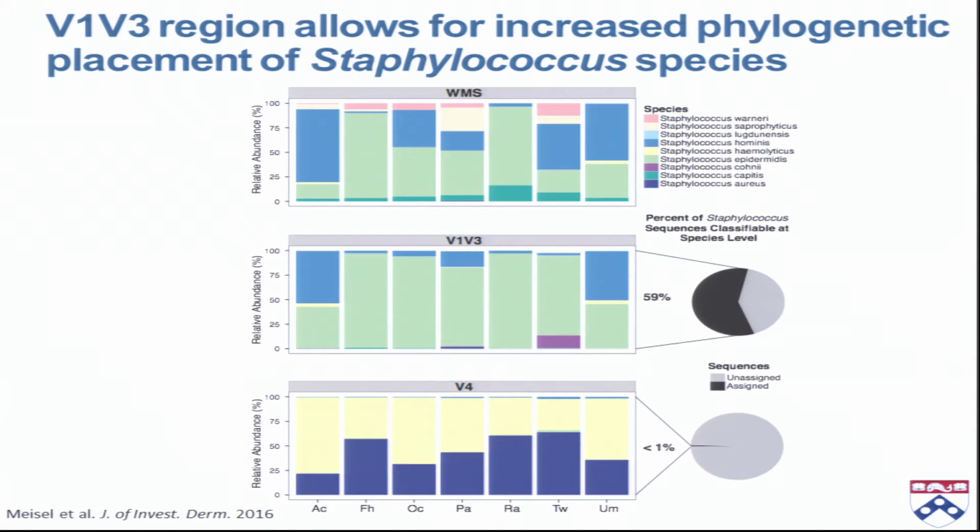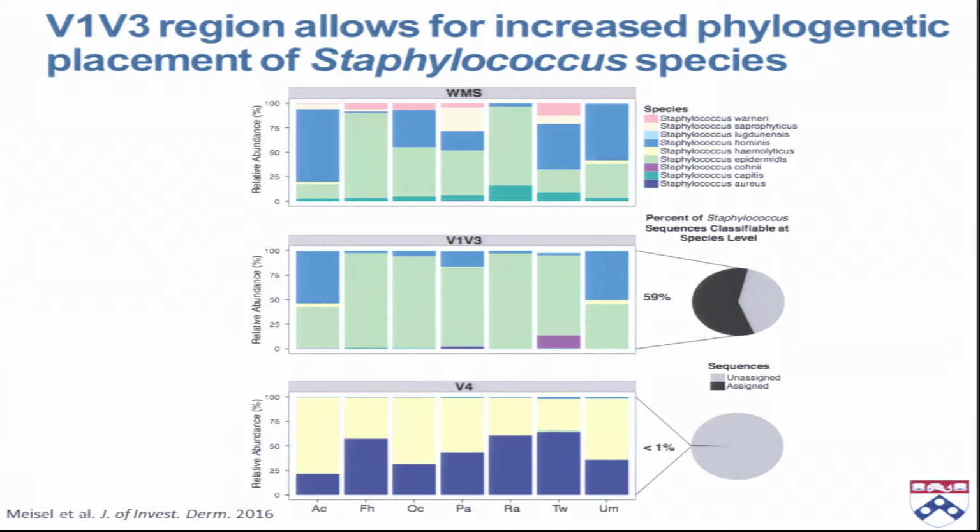But we also wanted to look at the V1, V3 region for other aspects, such as our ability to speciate, especially Staphylococcus. And Staphylococcus, we're particularly interested in on the skin because you have commensal types of staph, like Staph epidermidis, but there are also types of pathogenic staph that live on the skin, such as Staph aureus.